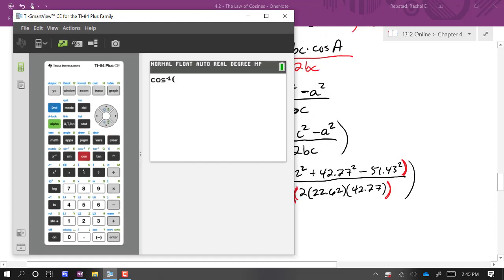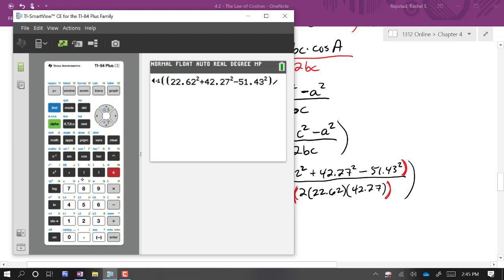Arc cosine, opening, so there's already a set of parentheses open for the arc cosine function. I'm opening parentheses, that's the numerator, 22.62 squared plus 42.27 squared minus 51.43 squared. Closing those parentheses, so now that's the numerator.